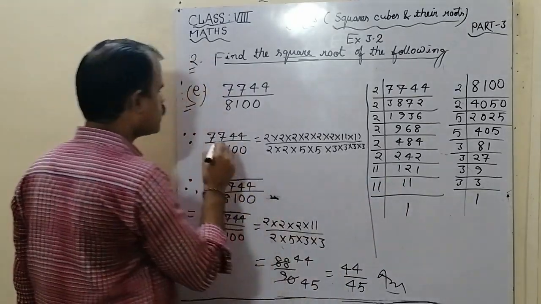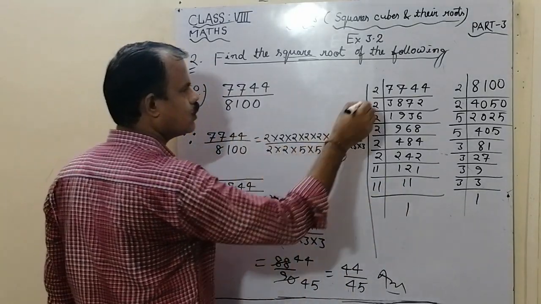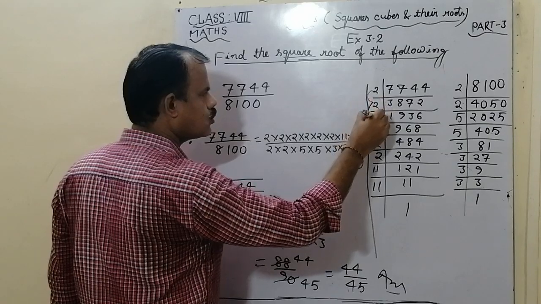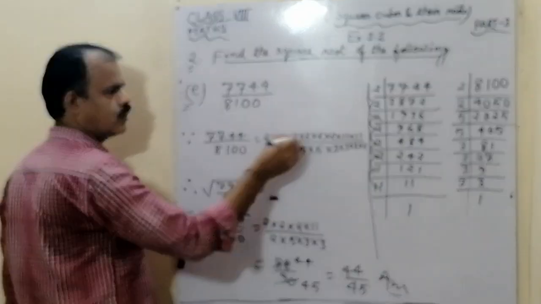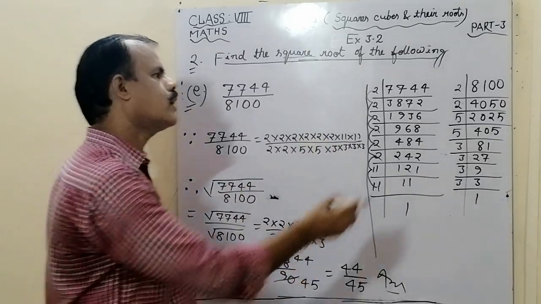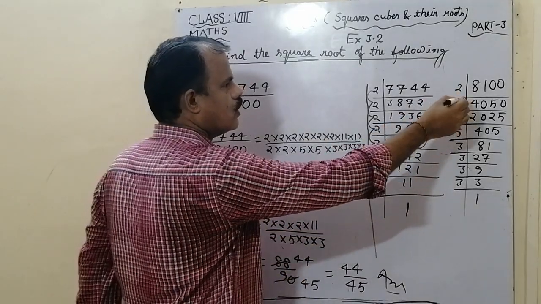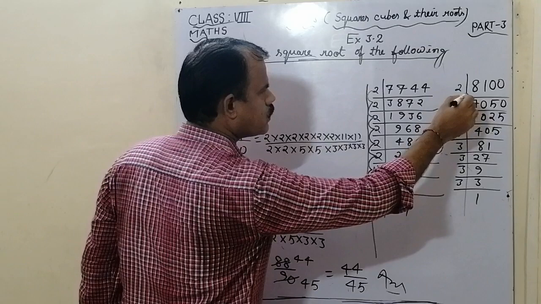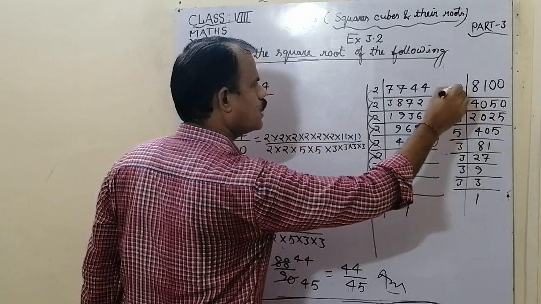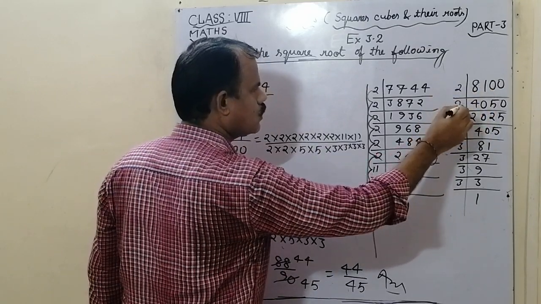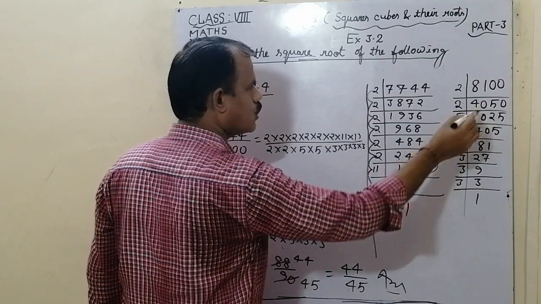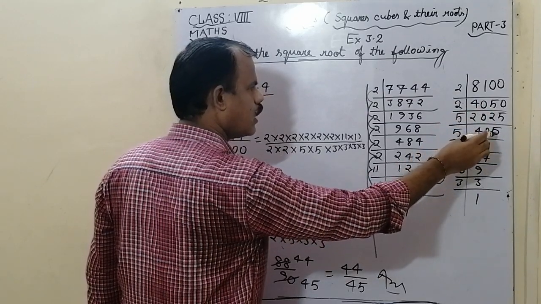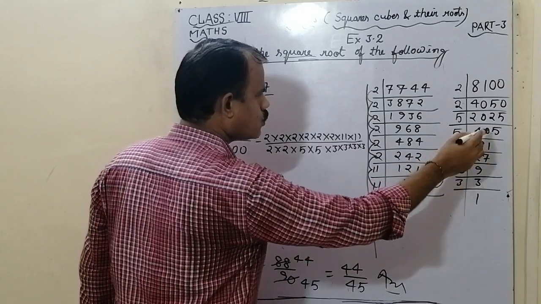So we can write 7744 equal to 2 into 2 into 2 into 2 into 2 into 2 into 11 into 11. Now 8100. Dividing by 2 it becomes 4050. 2 times 4050 is 8100. 2 into 2025 is 4050.